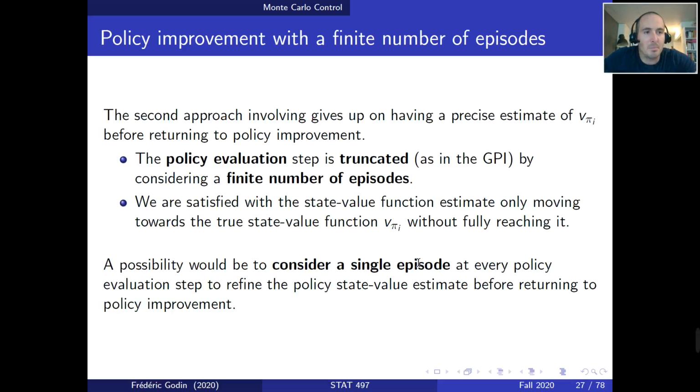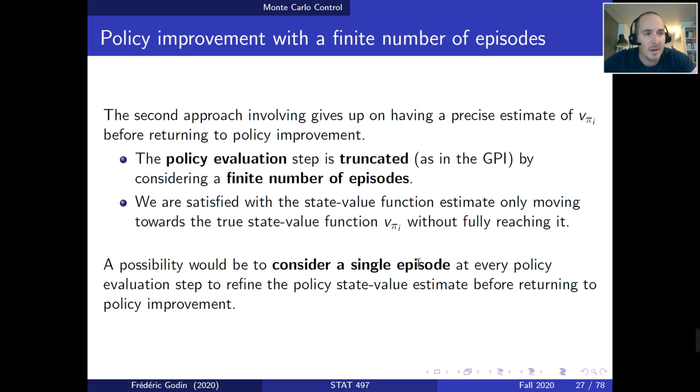So the second approach is, instead of having many episodes for each policy evaluation, you could have a few episodes, or at the limit, a single episode of policy evaluation before going into the policy improvement step. Exactly as in the GPI procedure we studied in chapter 4, you alternate between policy evaluation, policy improvement, policy evaluation, policy improvement.